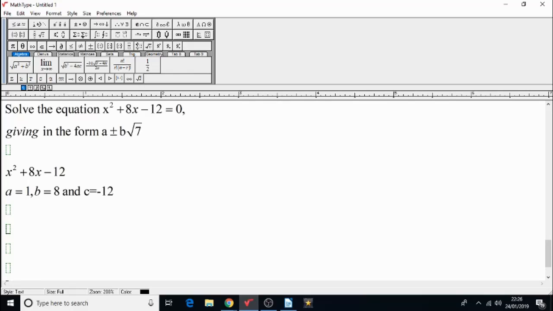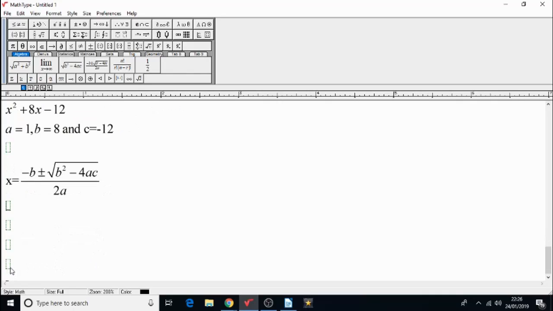So now we can put it into our quadratic formula with our a, b, c values. So x is equal to minus b plus or minus square root of b squared minus 4ac over 2a. Same process we did for the first two questions, put our b values in.